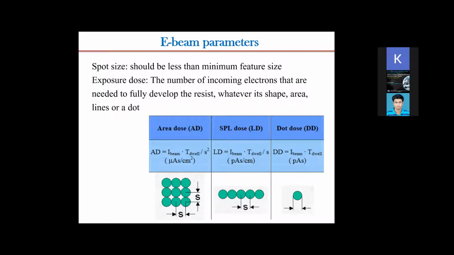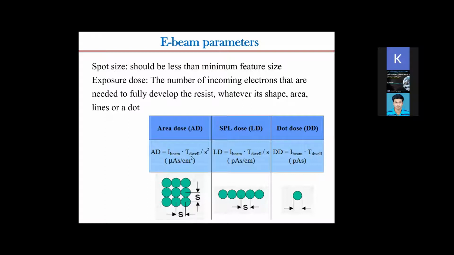Another is the dose. Now, what is the exposure dose? It is the incoming electrons that are needed to fully develop the resist. So that also you have to calibrate first. That means you know your resist thickness. Now, how much dose or how many electrons are required to fully develop that portion of the resist, that you have to calibrate first.